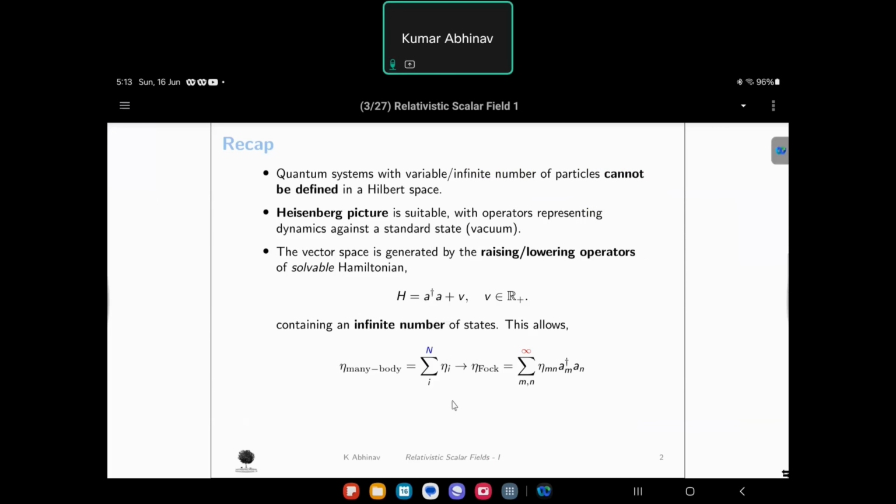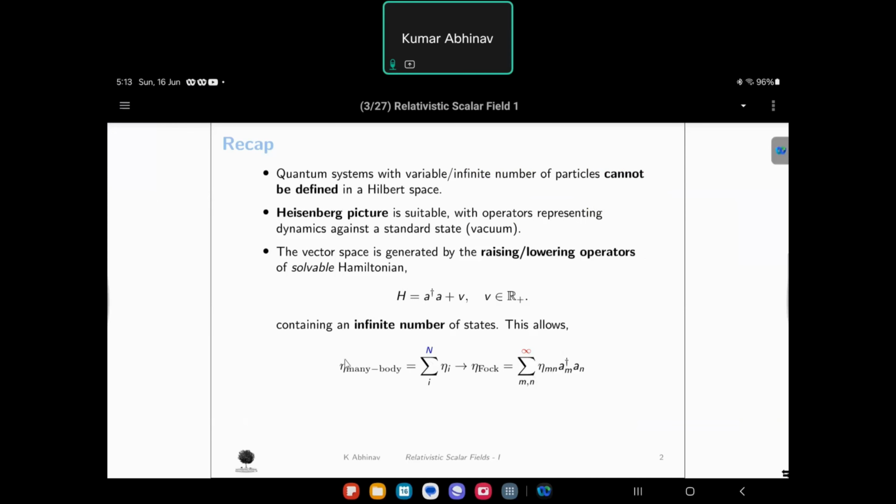In this regard, if you have a many body operator, say eta, which can be a linear combination of single particle operators in general, that is adequately represented by an operator in this new space, known as the Fock space, where the whole operator is constructed in terms of these raising and lowering operators corresponding to certain other parameters represented by these eta mn coefficients, and these m and n can have infinite values, going from 1 to say infinity.